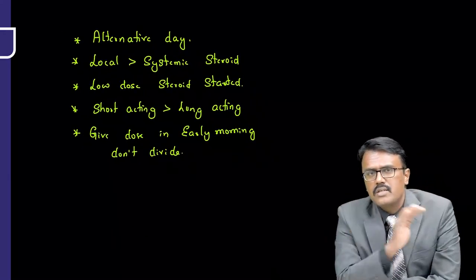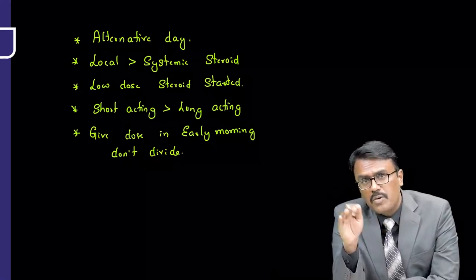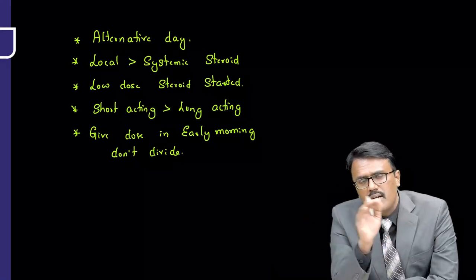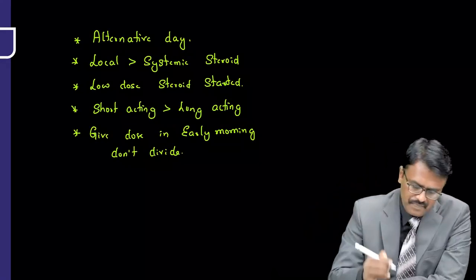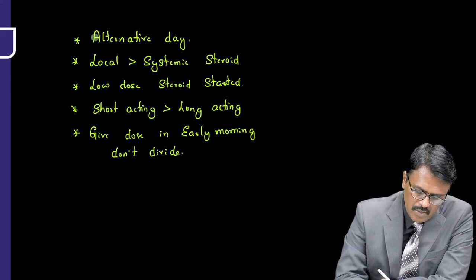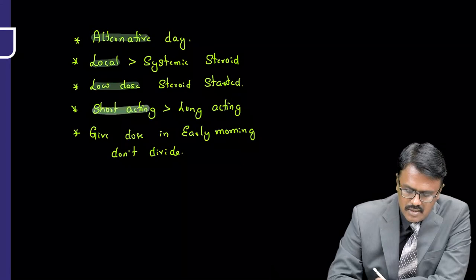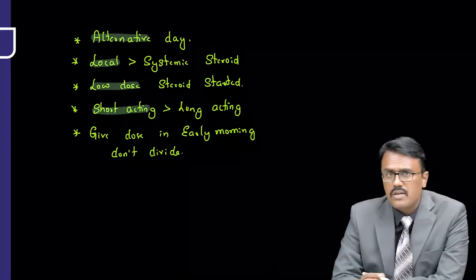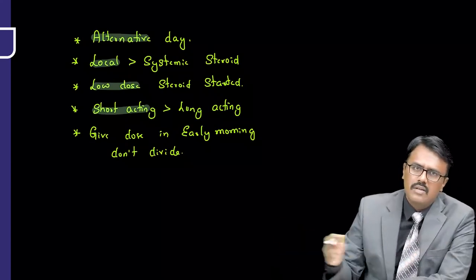Because when you divide, the steroid effectively acts longer and HPA axis suppression occurs through morning, afternoon, and night. If you give in the morning, at least at night, when the steroid levels are low, the axis can get up and start working. So points to observe: alternate day, local is preferred, low dose of steroids is started, short acting is best. Don't divide the doses. Give it in the morning, and don't give it all 3 times.